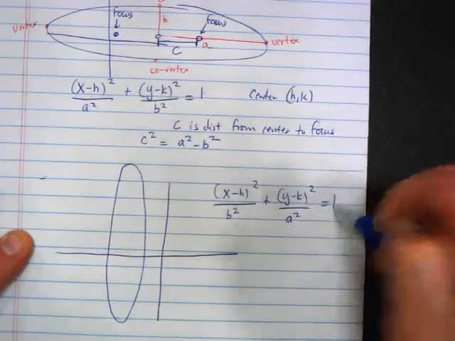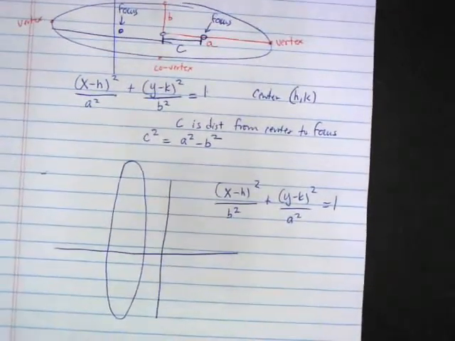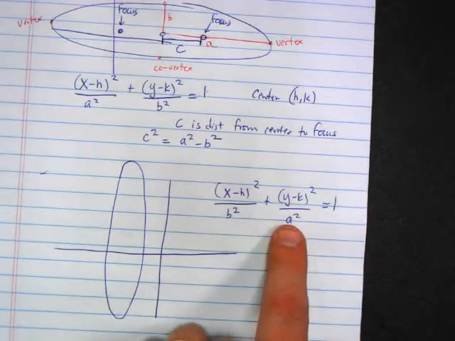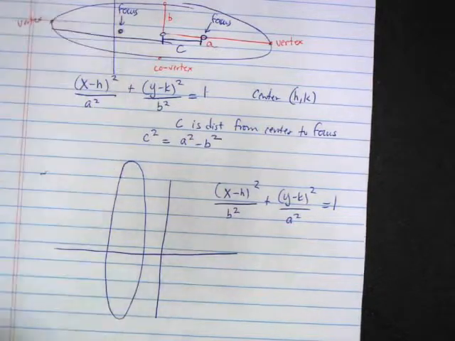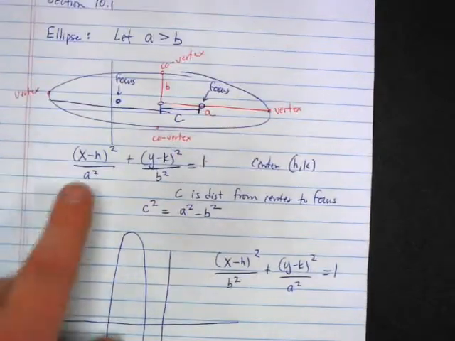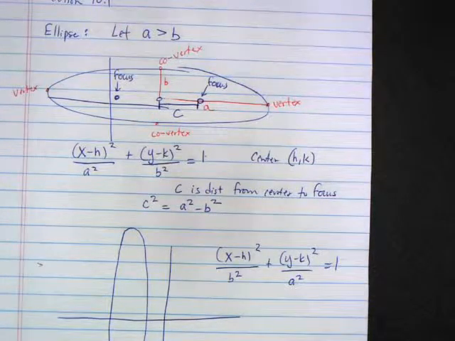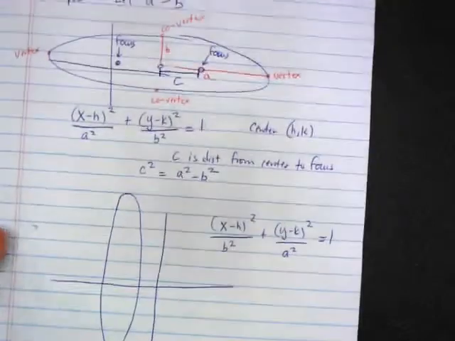So you have the right idea. The right idea is you can tell which way it goes by which one is divided by a bigger number. If the y is divided by the bigger number, it's tall and skinny. When x is divided by the bigger number, it's wide and short.